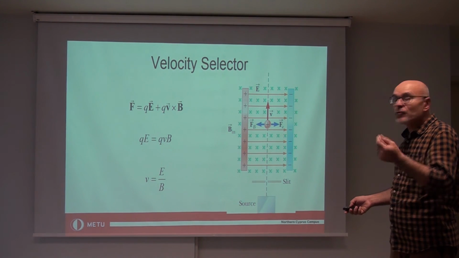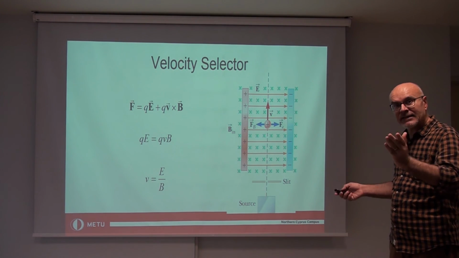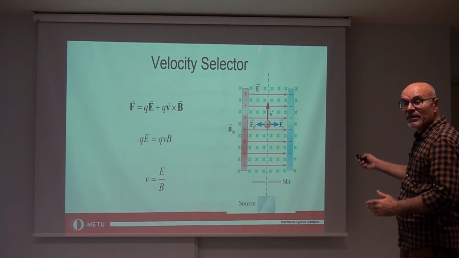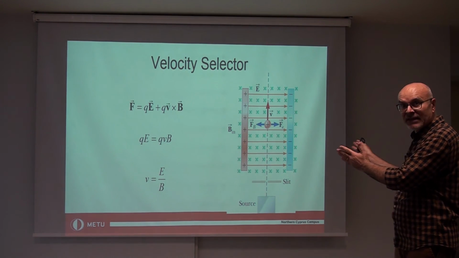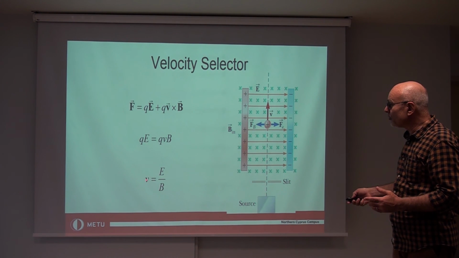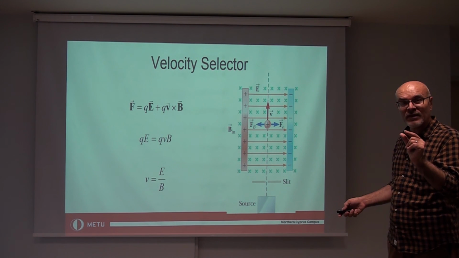Therefore, if you want particles having this velocity to be selected, that is, to move through without being deflected while the others are deflected, then you tune E and B so that their ratio is equal to that velocity.